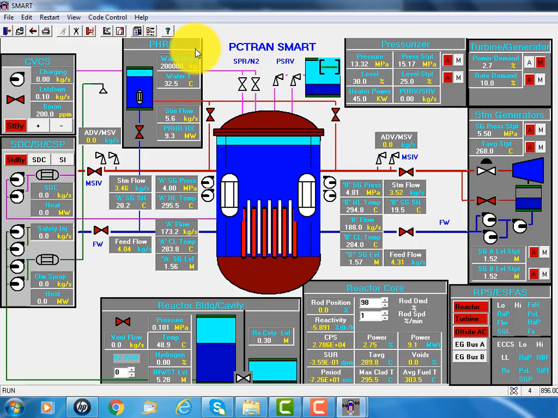It's a very large pool with 200,000 kilograms of water physically above the reactor vessel.